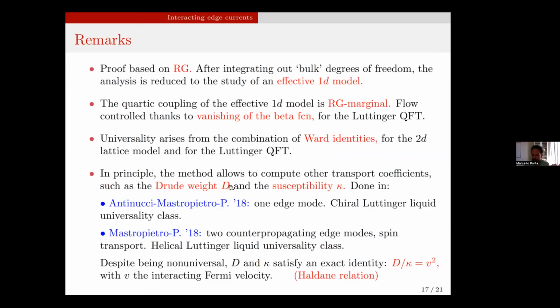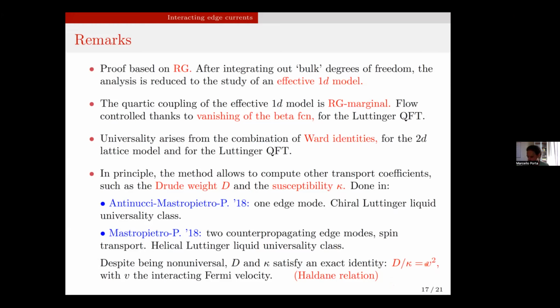And in fact, one thing you can prove is something that is usually obtained via bosonization from a formal point of view, which is the so-called Haldane relation: the ratio of the Drude weight and the susceptibility is equal to the Fermi velocity squared. This identity was discovered by Haldane by looking at one-dimensional systems, using bosonization. The nice thing is that this can actually be proved at the level of edge currents.